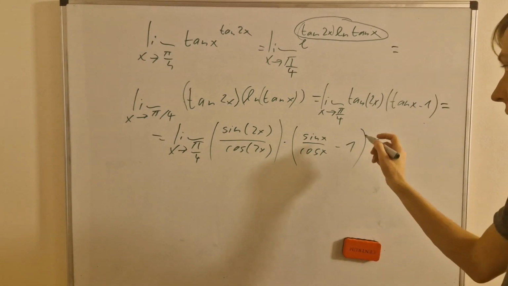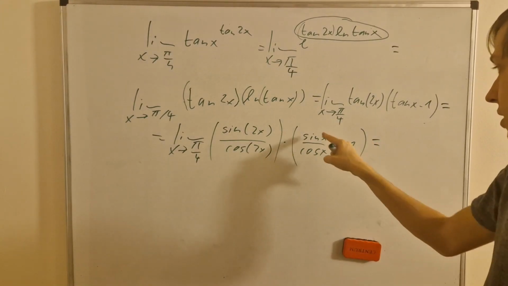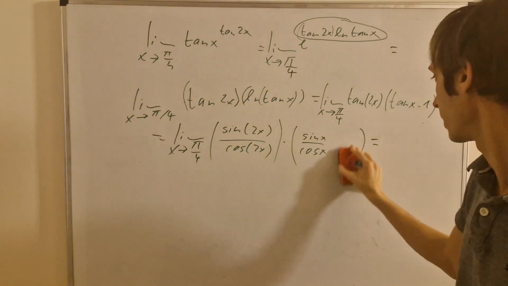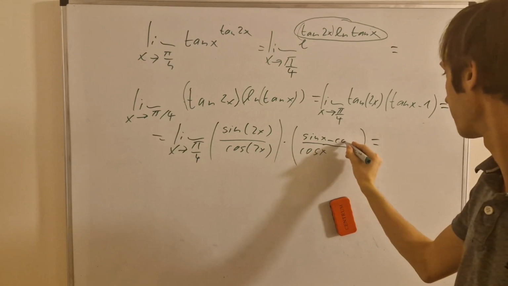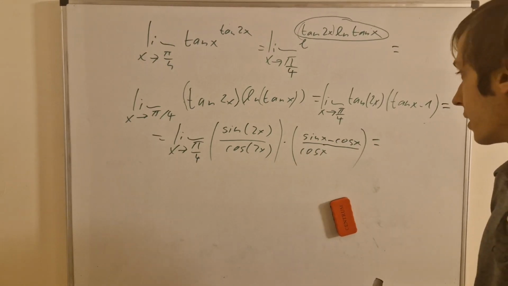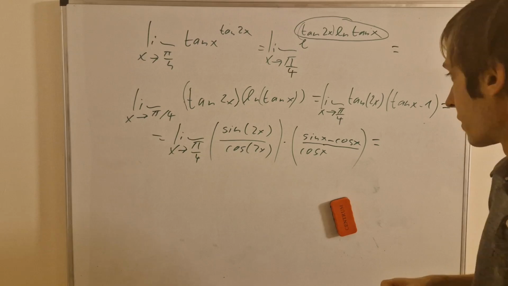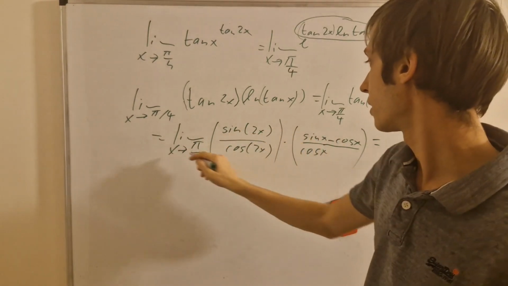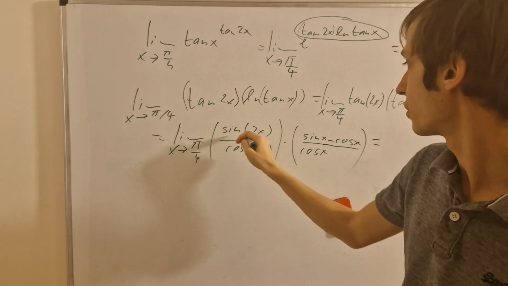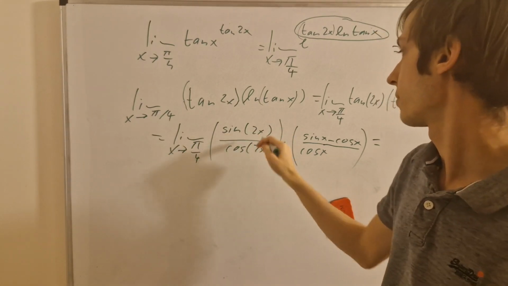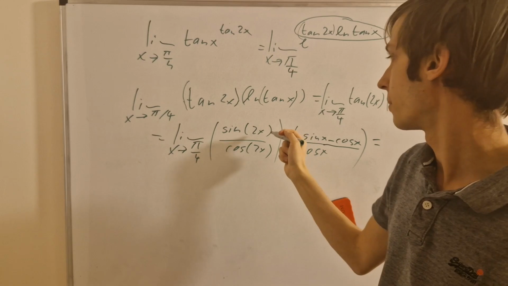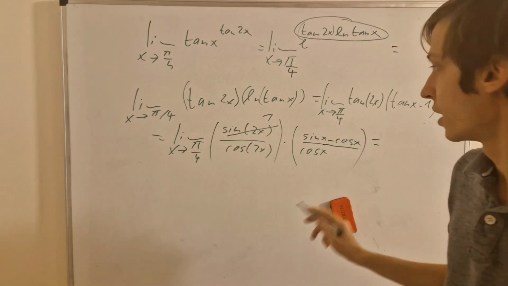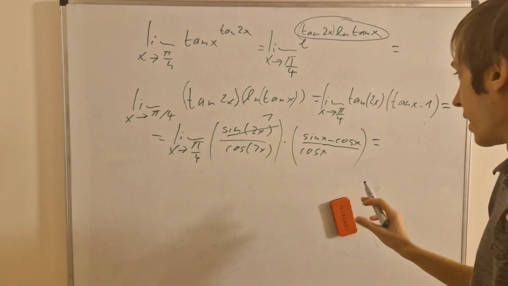Now, I will take the common denominator here, so sine x minus cosine x over cosine x. We can rewrite this thing, it's equivalent. And at this point, what we can also realize is that sine 2x, with x being pi over 4, is sine of pi over 2, that is actually going to 1. So that's fine, so we kind of got rid of that.